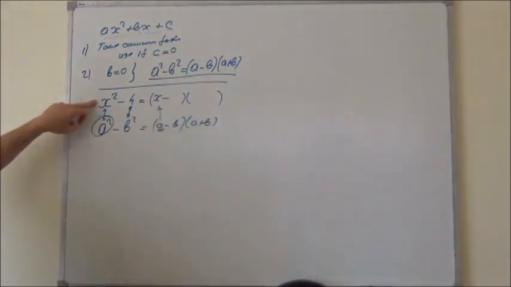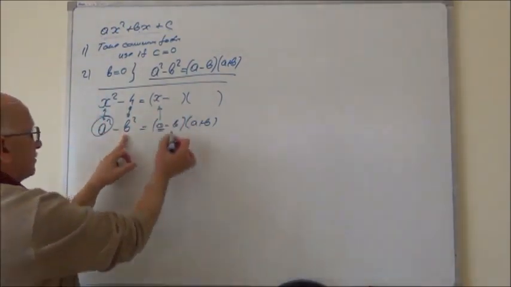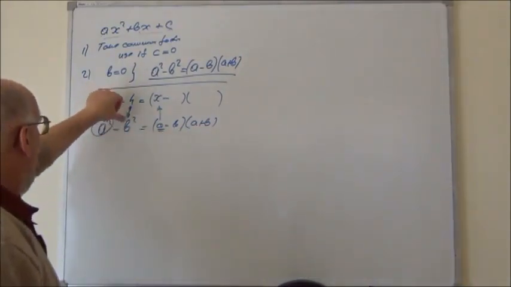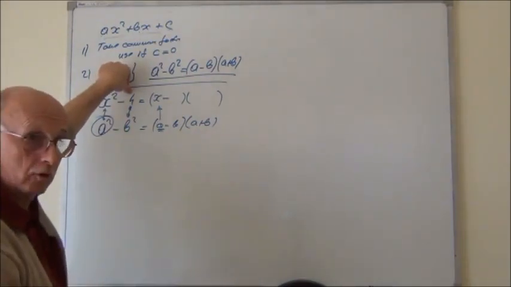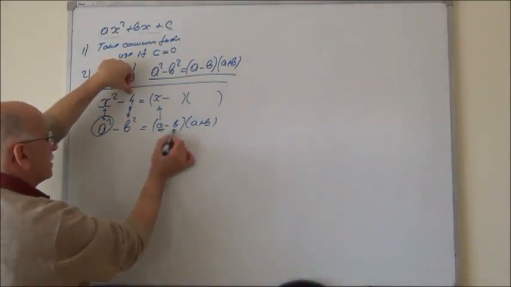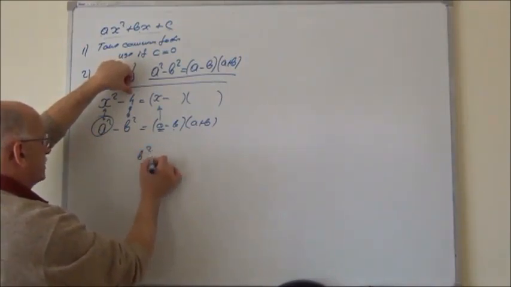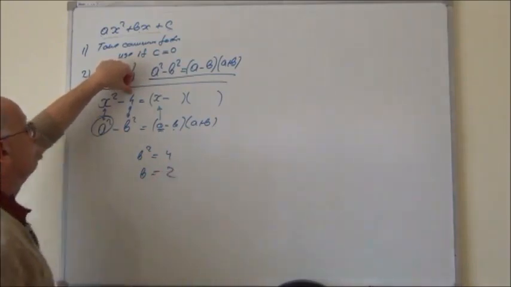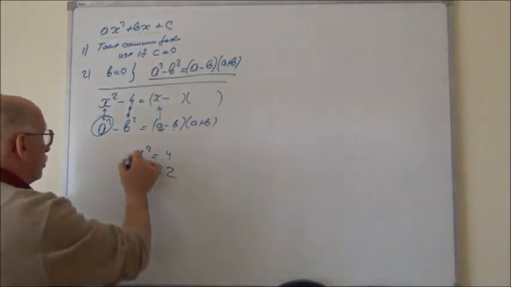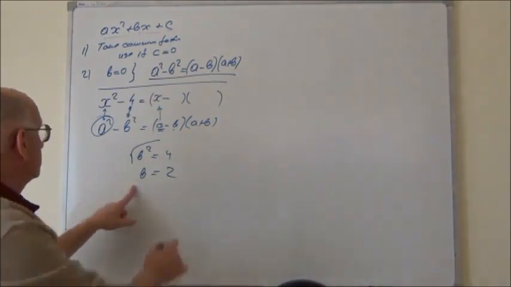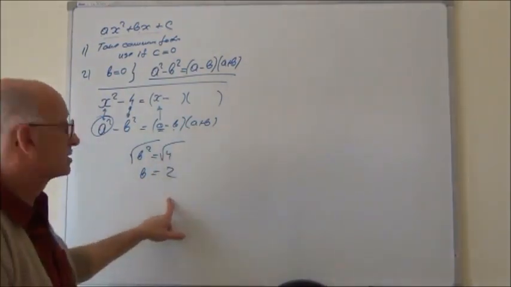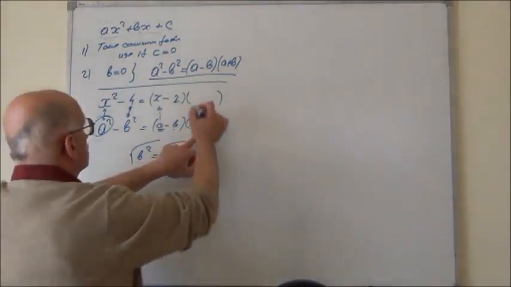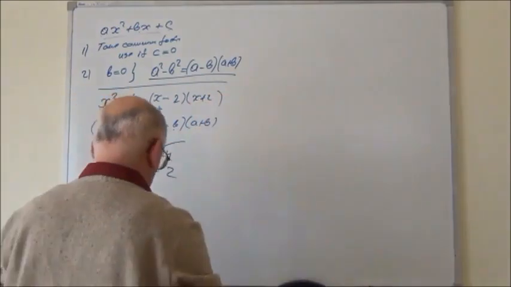Minus, now b squared, but here is b. So our b squared is 4. But what would be then b? If b squared is 4, I will write b squared equals 4, so b equals what? Of course 2, because the square root of b squared is b, and the square root of 4 is 2. That's why we will make here 2. And of course it will be x plus 2.